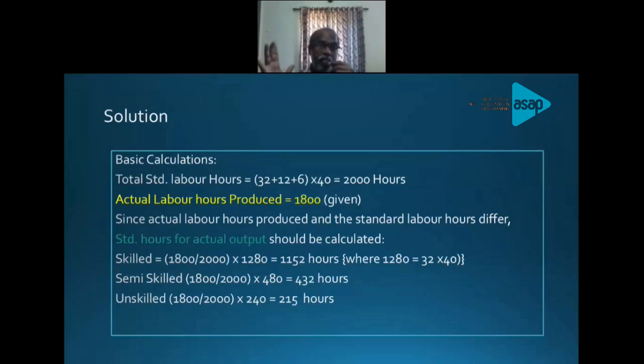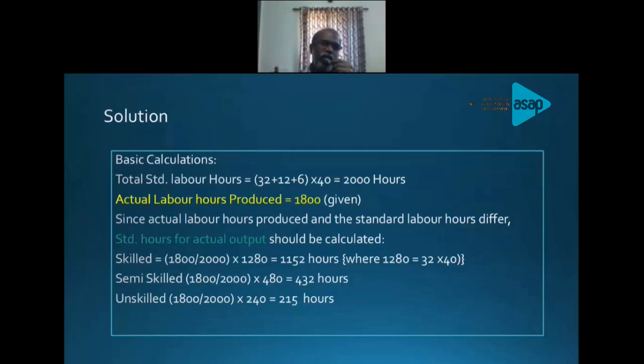That is the real meaning. We have already fixed the standard as 2,000, but they have produced output only to the extent of 1,800 hours.